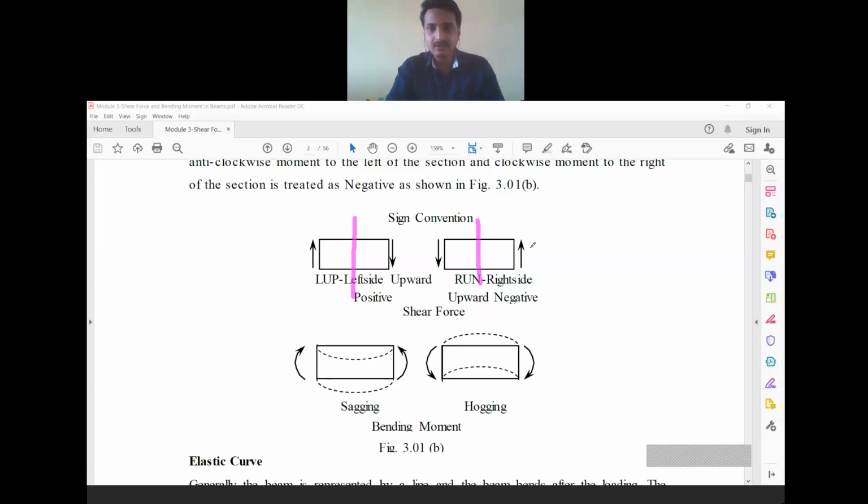So you can even understand this concept like this. See here, I am fixed here. When I have an upward pointing load to the left of the beam, what will happen?